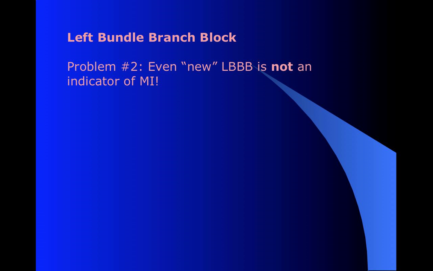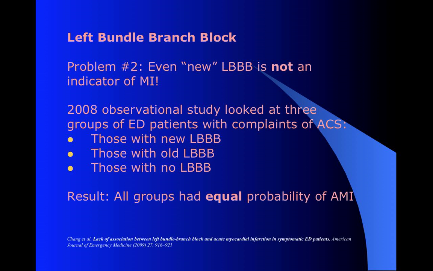Second problem, this is really the doozy. Even if it is new, or new to the best of our knowledge, even if we know that's true, it still should not tell us that there is an MI here. Now, this is one good study. This is similar to the one we looked at. It's a retrospective study of emergency department patients.